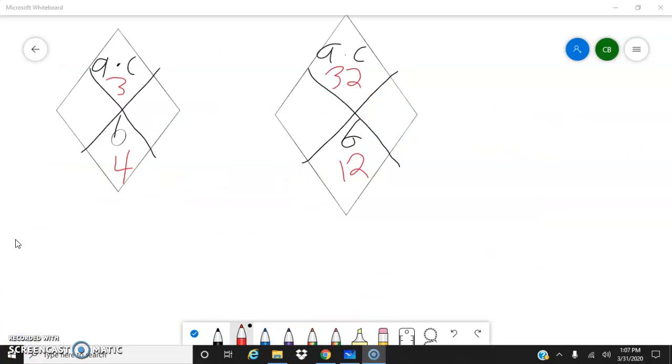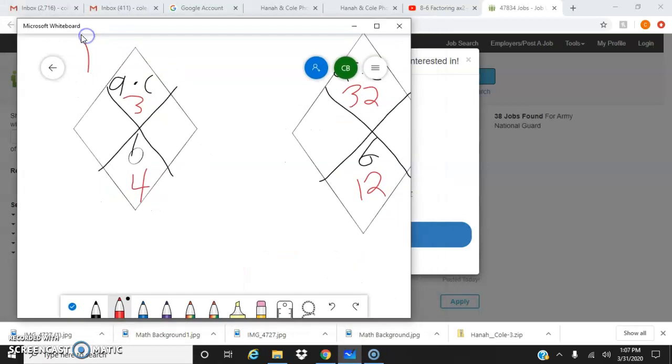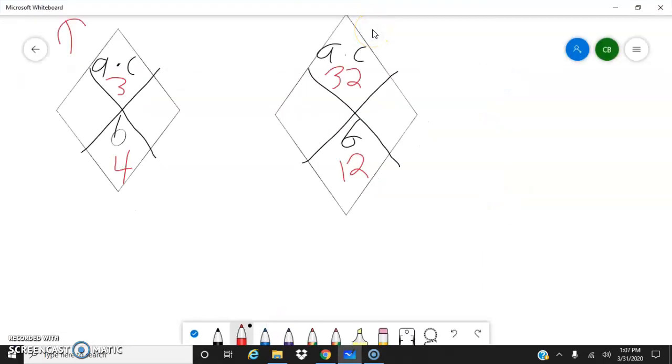Here's some more practice using that diamond method or the X method, whichever way you want to call it. Here we have just two diamonds. Let's work on this one first. Just like before, we're looking for factors of a times c that add up to +4.